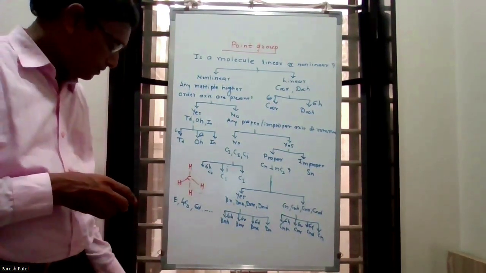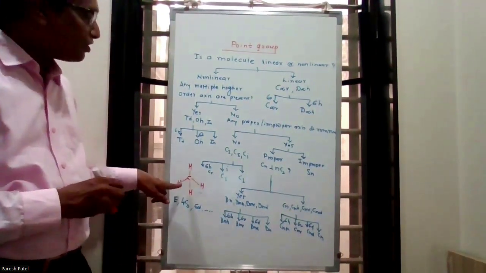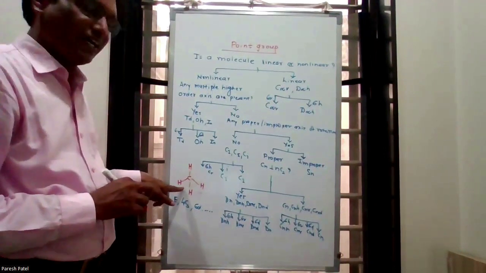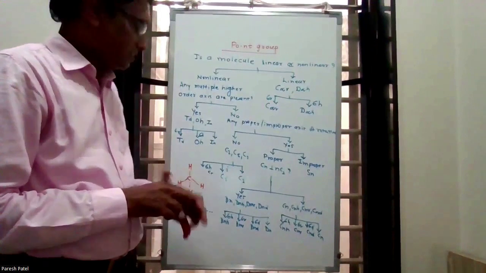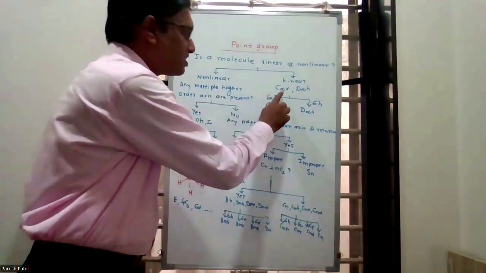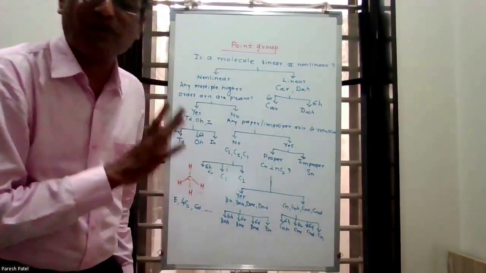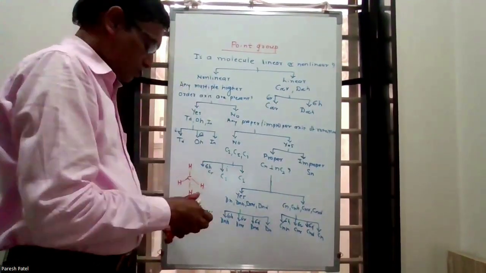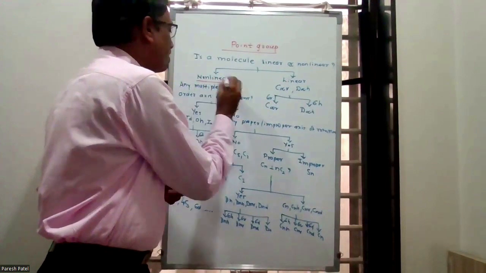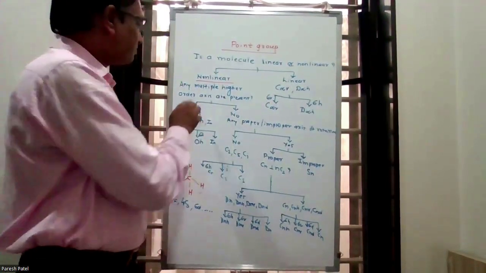Symmetry elements are present. So let us start. Is the molecule linear or non-linear? This is non-linear. It means C infinite V and D infinite H point groups are absent. So next, we have to go for the next question.